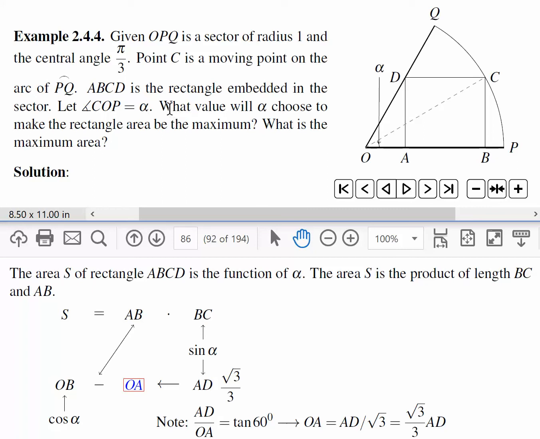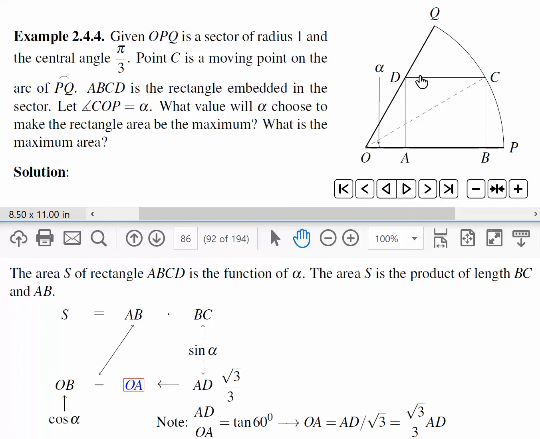Here it is written: what value will alpha choose to make the rectangle area the maximum, and what is the maximum area? So we want to determine the location of C on the arc. At this spot, the embedded rectangle will have the maximum value.